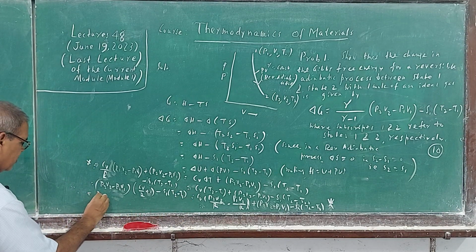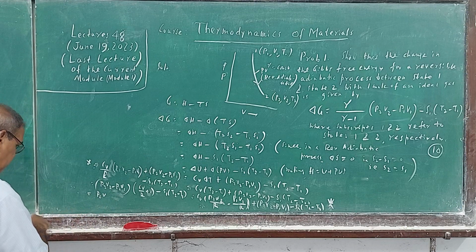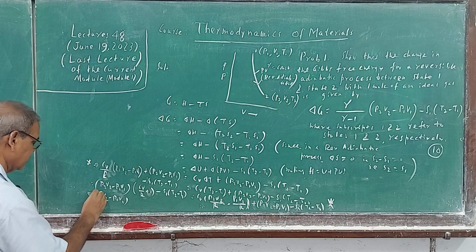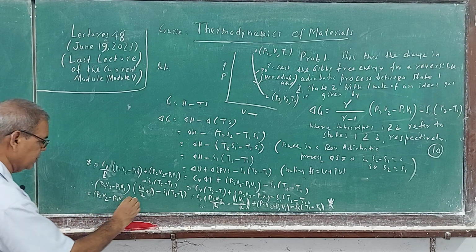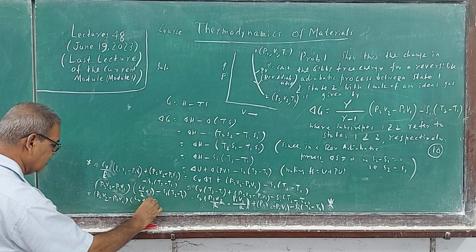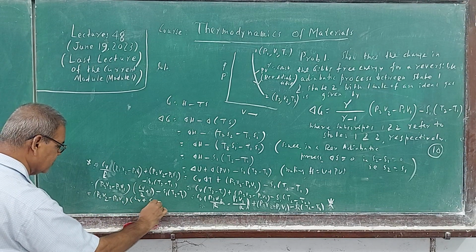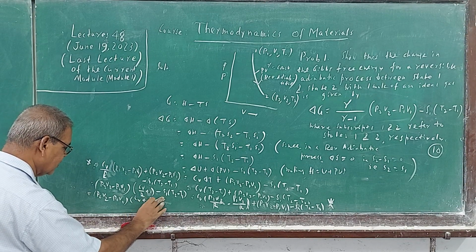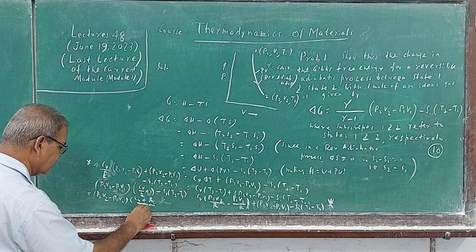What is this? Cv plus R means Cv plus Cp minus Cv, that is Cp. So it is Cp by R.